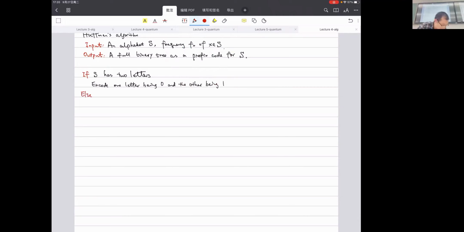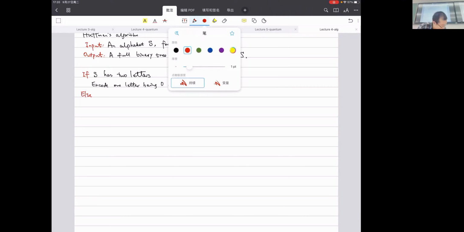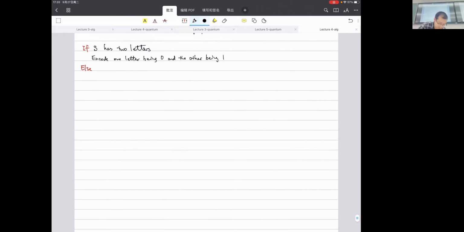In general, the alphabet S is large. So we let Y star and Z star be the two lowest frequency letters.